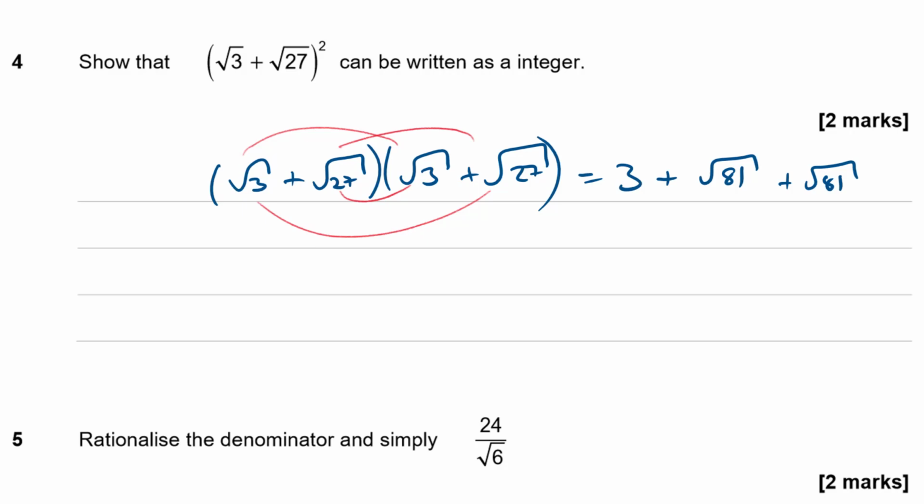And I've got root 27 times root 27, which is 27. Okay, so I've got 3 plus 27, that gives me 30. And I've got the square root of 81, which is 9, and another square root of 81, which is another 9. So altogether, 30 plus 9 plus 9, 39, 48. So the answer is 48. So it can be written as an integer.